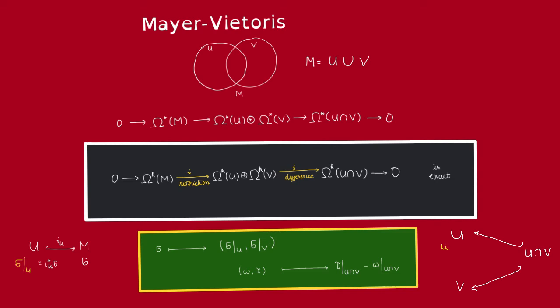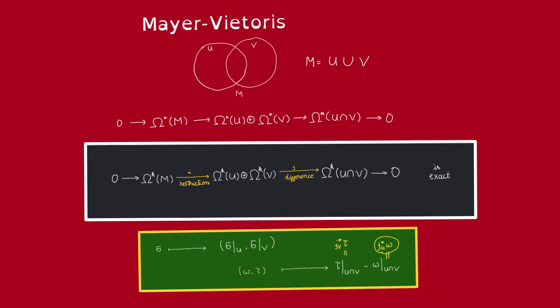Let's say we have a k-form omega on U and a k-form tau on V. Note that we have inclusion maps from U intersect V into U and V. As before, the pullback of omega under this inclusion map is a form on U intersect V, which we define to be omega restricted to U intersect V. The pullback of tau is similarly a form there. We define the image of omega, tau under this map to be this difference, which is a k-form on U intersect V.